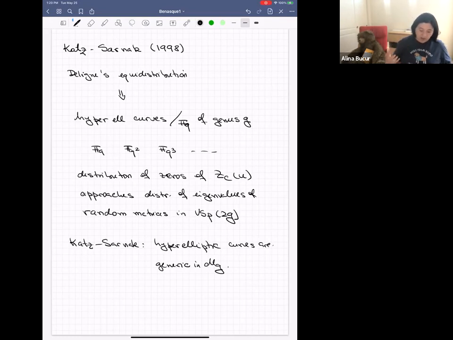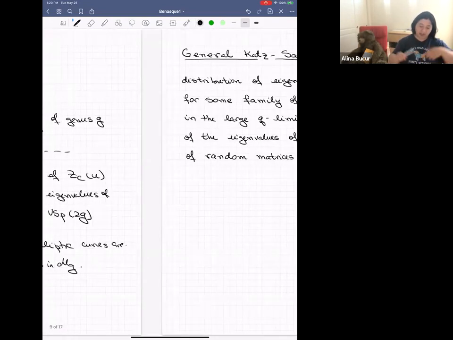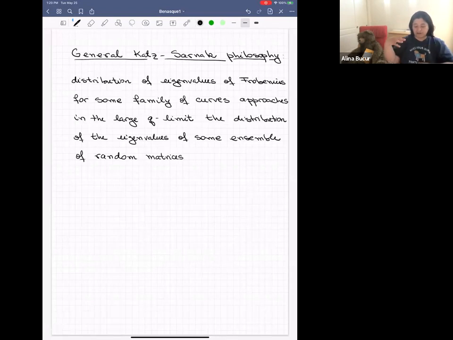But of course, they went much further and they gave us a philosophy that says the distribution of eigenvalues of Frobenius for some family of curves in the large Q limit will always approach the distribution of the eigenvalues of some ensemble of random matrices.